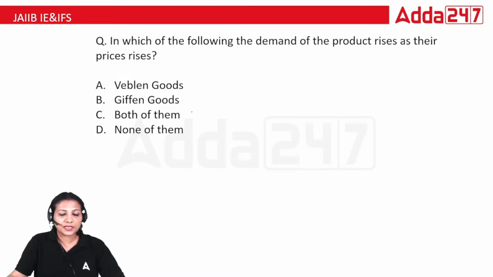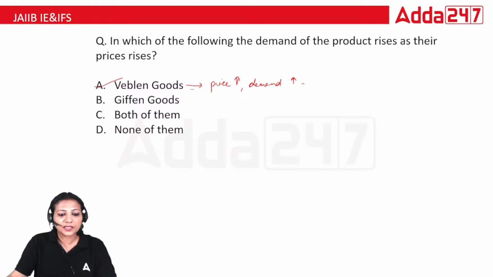The right answer for this question will be Veblen goods. In case of Veblen goods, as price rises, the demand for that product also rises, which is in contrary to what happens in other products.